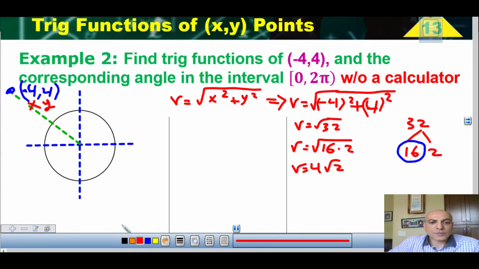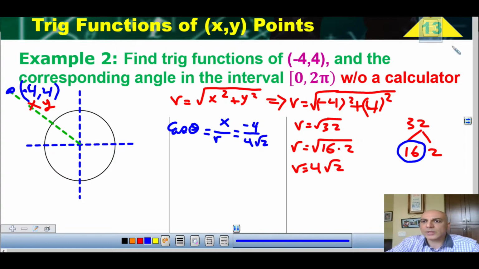So I got r. From r, I'm going to go back and find my cosine, sine, and tangent. Cosine of theta, obviously, I've just neglected to put theta, but there's an angle, equals x over r. My x is -4, and r is 4 square root of 2. I have to erase, guys.